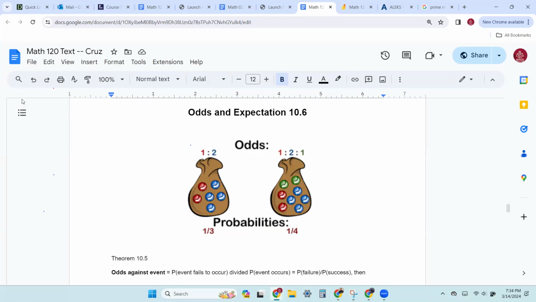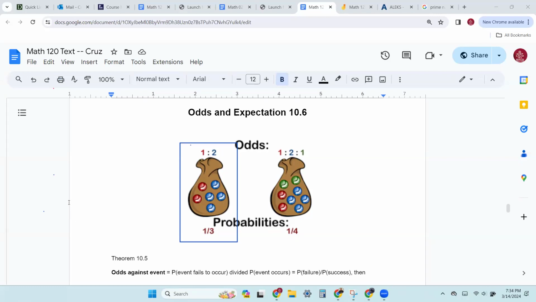All right, so let me see if I can explain the difference. If we look at this right here, just look at that little bag. How many marbles are in there? 1, 2, 3, 4, 5, 6. There's 6 marbles in there. All right.